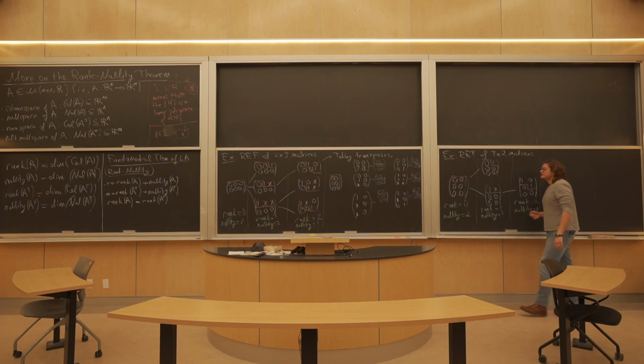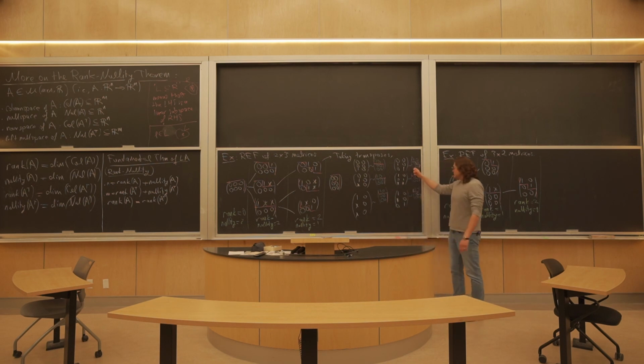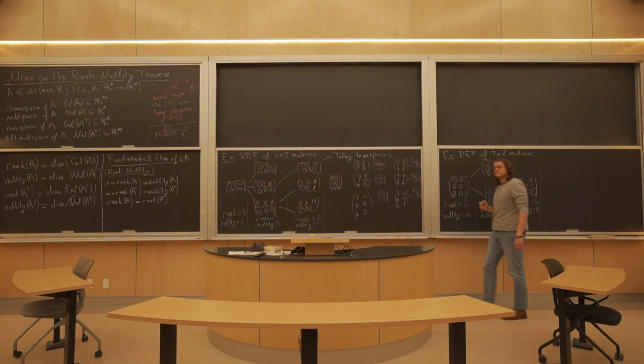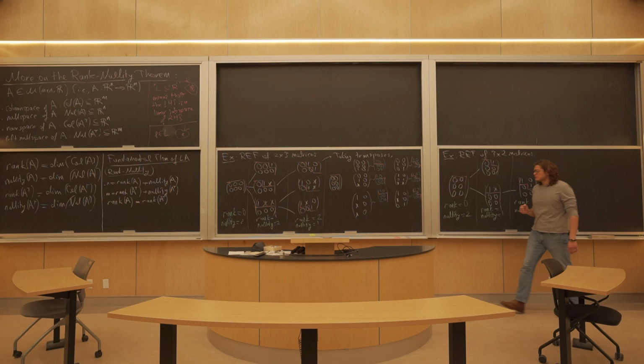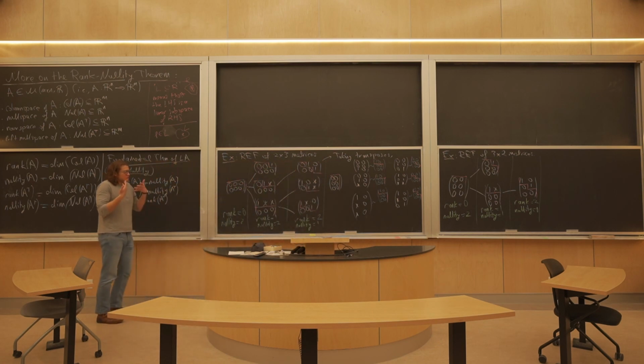And note that now this matrix still has rank 0. Each of these matrices still have rank 1. And each of these matrices still have rank 2. Okay? So when we applied transposes, this property of a matrix being row reduced, we lost.